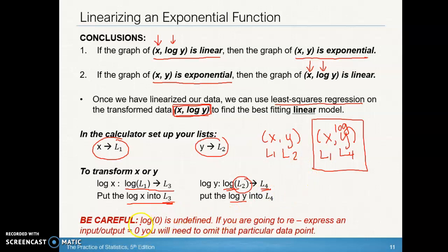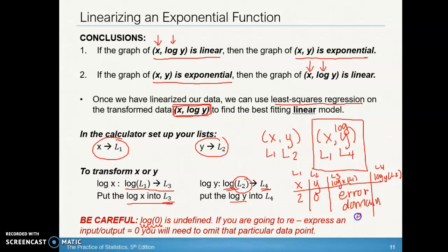Now, just be careful here. The log of 0 is undefined. So let's say in your x and your y, you have 1, 2, 0. That's list 1 and that's list 2. Then in list 3, when you take the log of x, or list 1, and in list 4, when you take the log of y, or list 2, you are going to get a domain error.